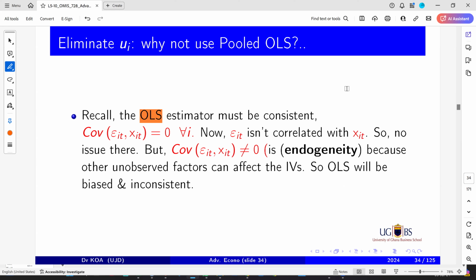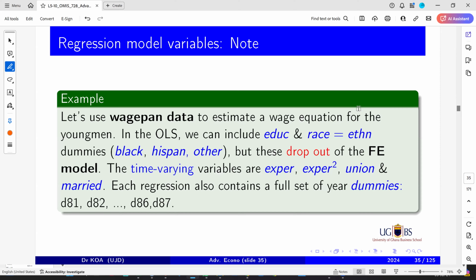In that case, the OLS will be biased. So if you use the pooled OLS, it's not going to be correct. Whether it's OLS or pooled OLS is the same thing. It will be biased, it will be inconsistent. But we are still going to do it to see the results because this is for comparative purposes.